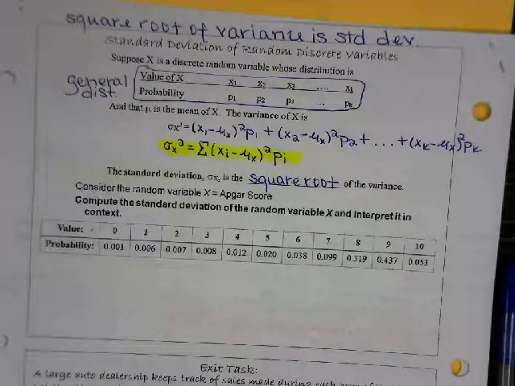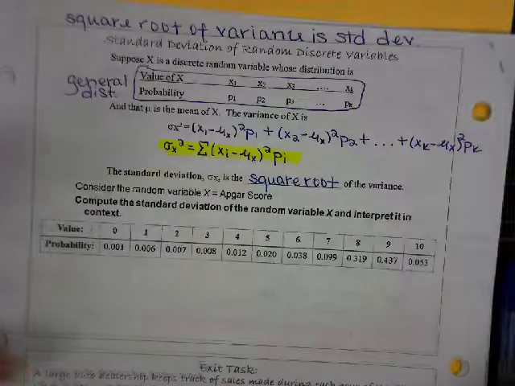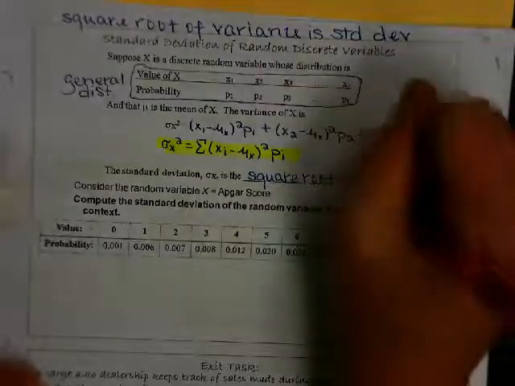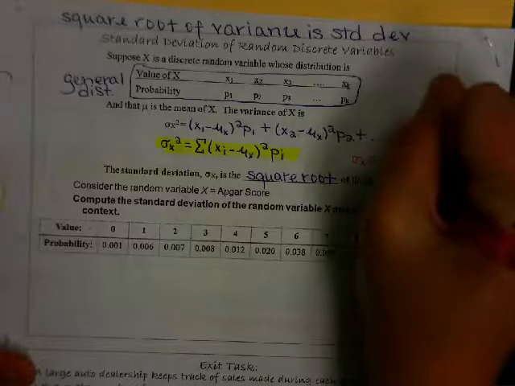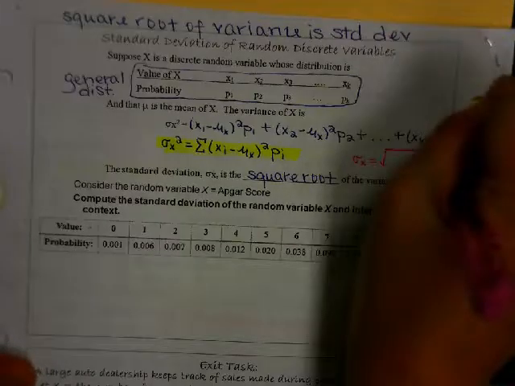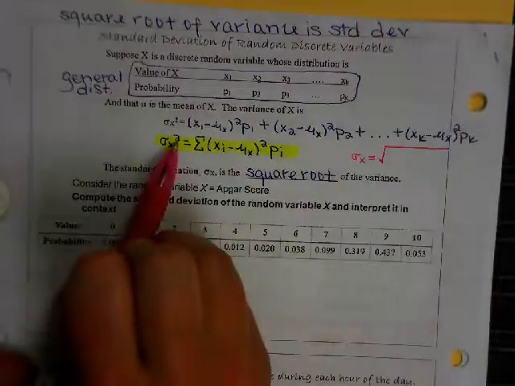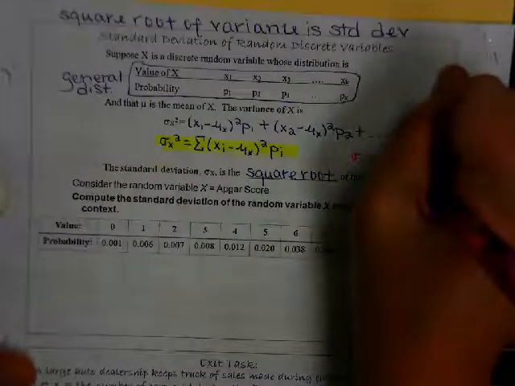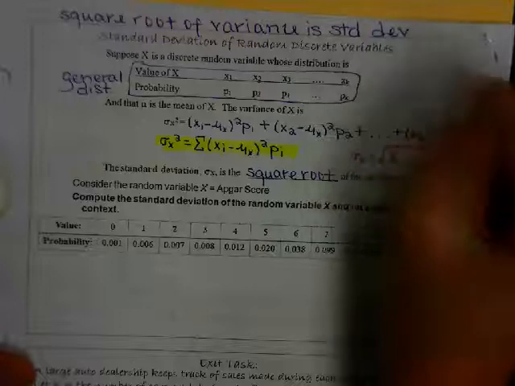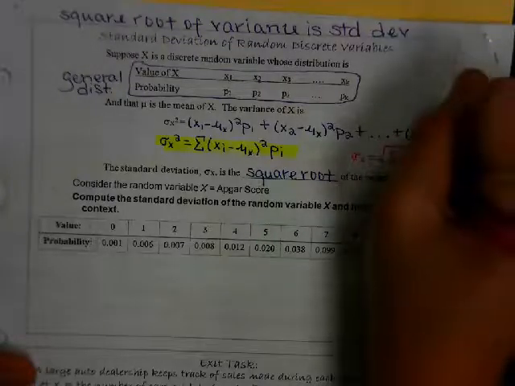We would just square root both sides, so the square goes away there. So we have sigma sub x, and we're taking the square root of the sum of the x's minus the mean squared times their probabilities. But like I said, for some reason, they give it as the variance, not the standard deviation.